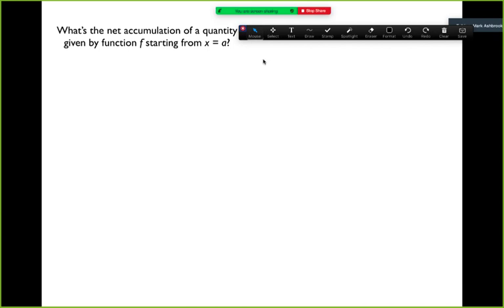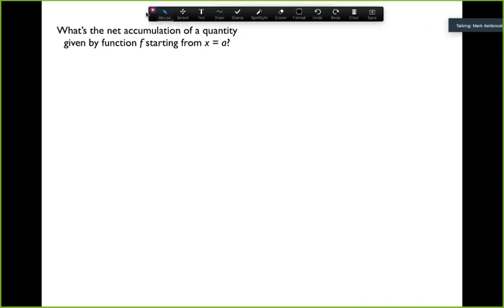Okay, so let's start with that: the net accumulation of a quantity given by the function f starting from x equals a. So I've got some quantity and I want to express a net accumulation starting from x equals a. If the quantity is given by function f, what do I need to express the net accumulation of the quantity f?